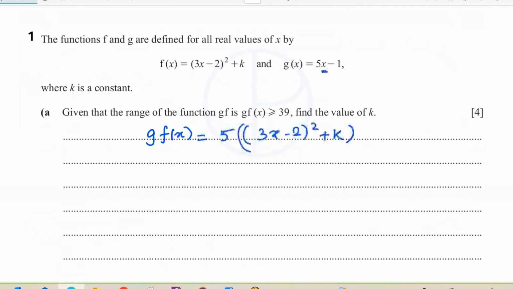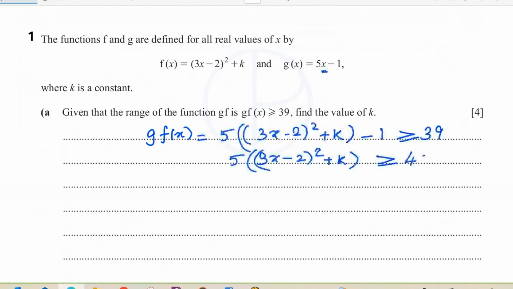It's given this is greater than or equal to 39. Now take negative 1 to the other side. We get 5 multiplied by (3x minus 2) the whole squared plus k is greater than or equal to 39 plus 1, 40.